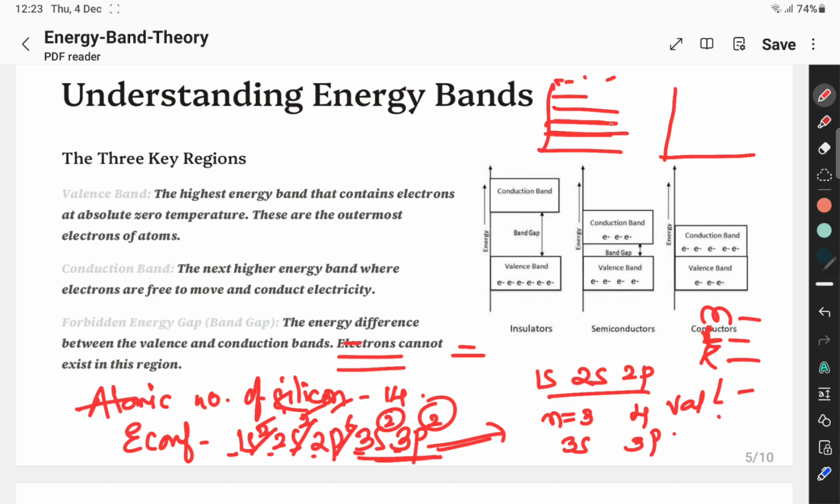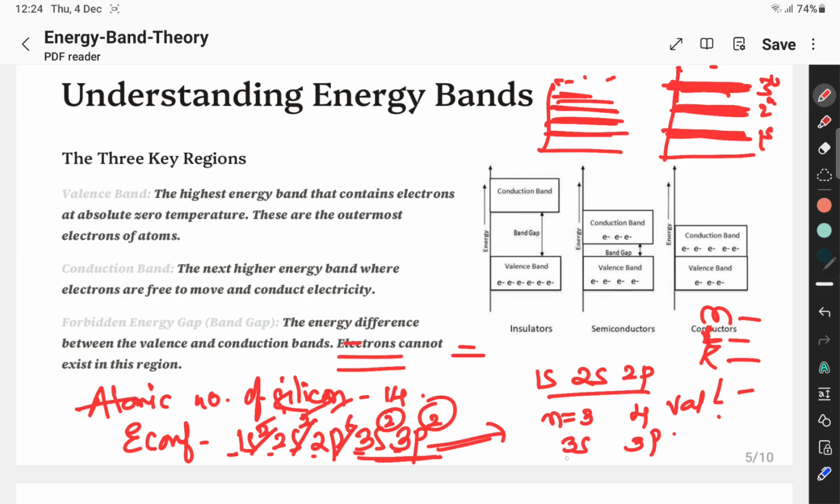The different levels from each silicon atom will merge and form energy bands like this. First band, second band, third band, and so on. I hope you understood, right?